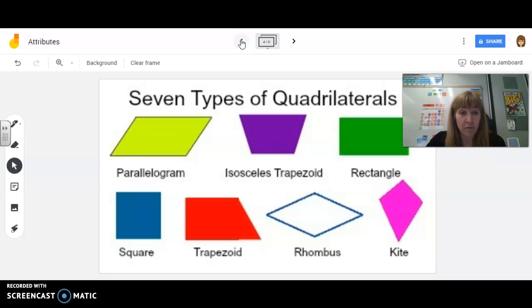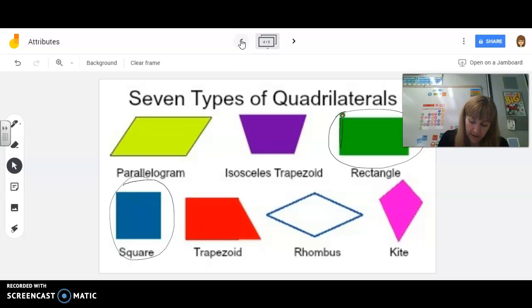So on the screen in front of you, you should be seeing the most basic shapes. I see a square, and I also see a rectangle. Okay, so those 2 shapes have parallel sides.